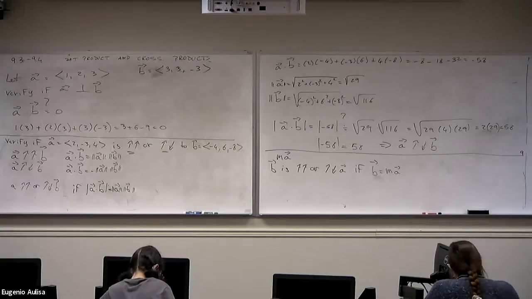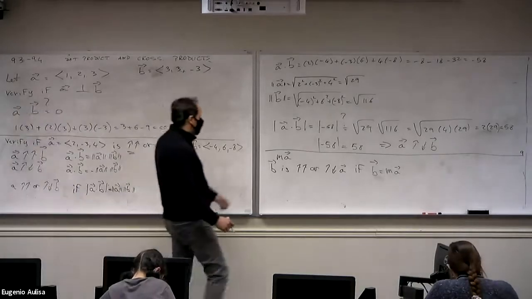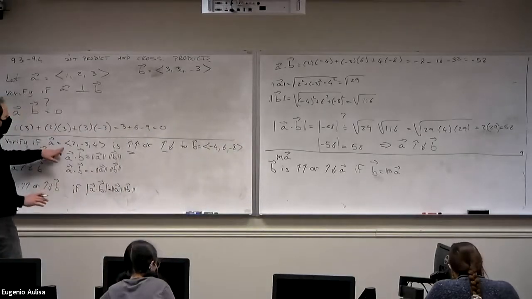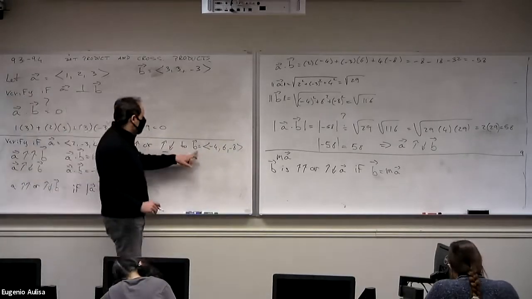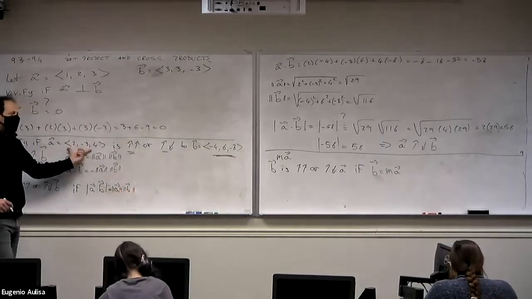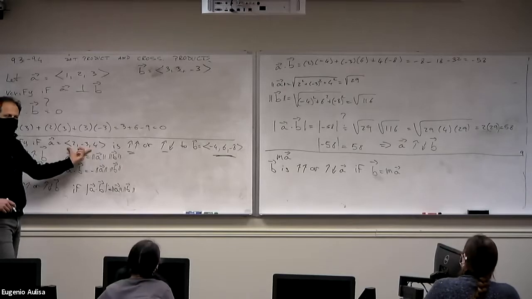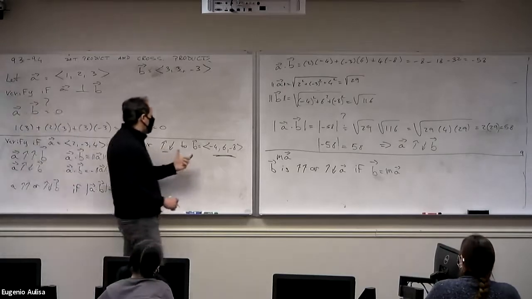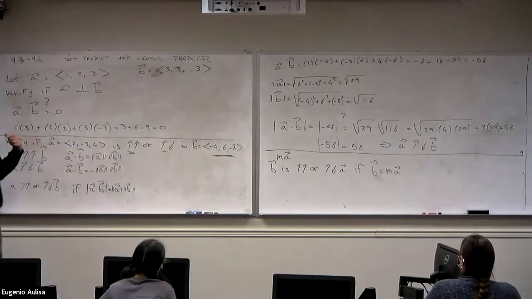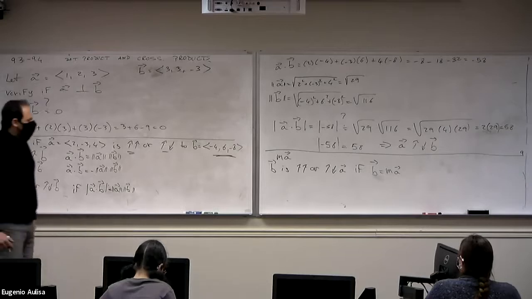So this is what I want to do, and in particular, I see that these coefficients are larger than these coefficients. So I'm going to figure out if I can express the vector B as a scalar multiple of the vector A. How do I do that?